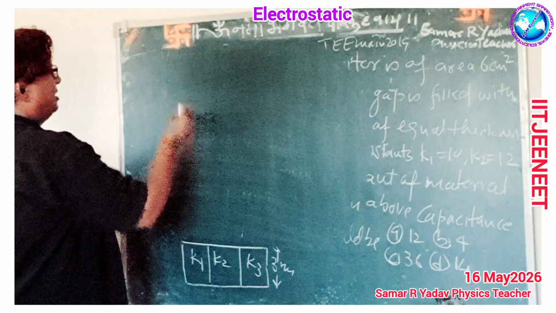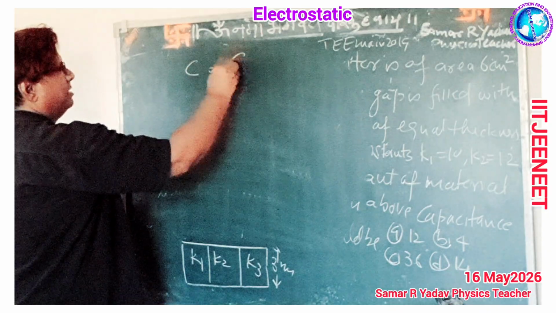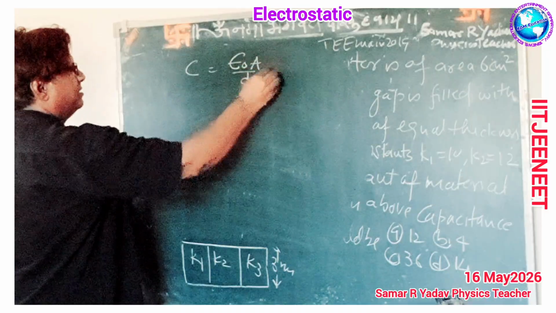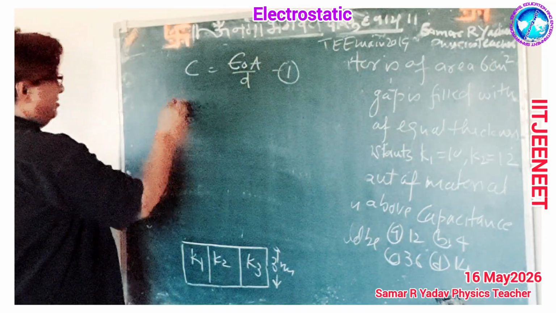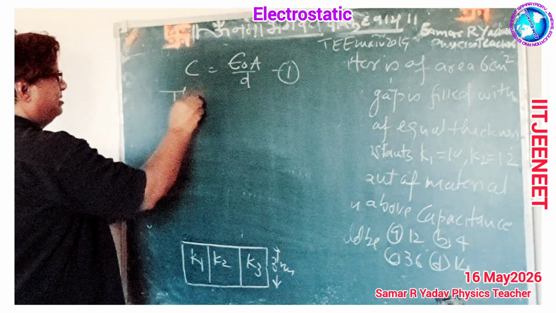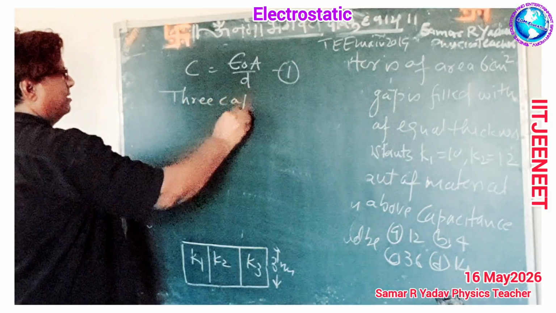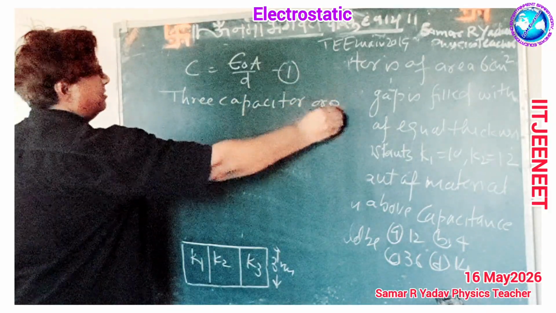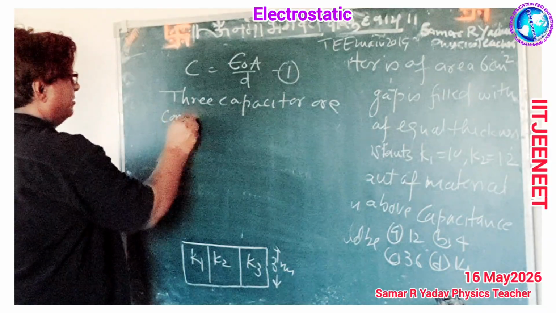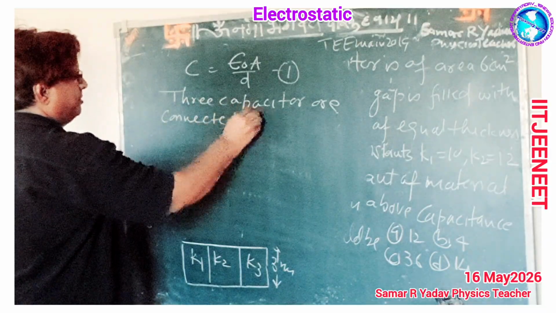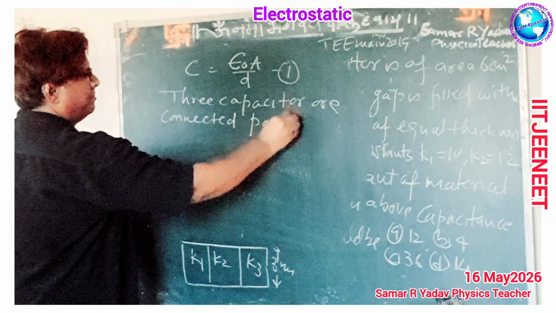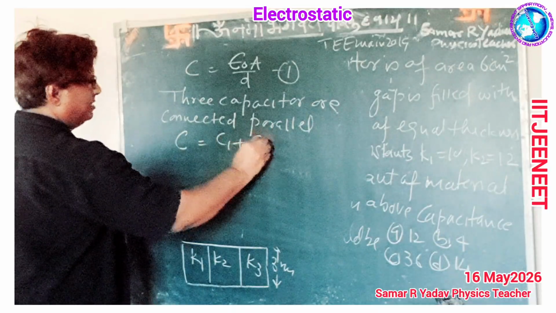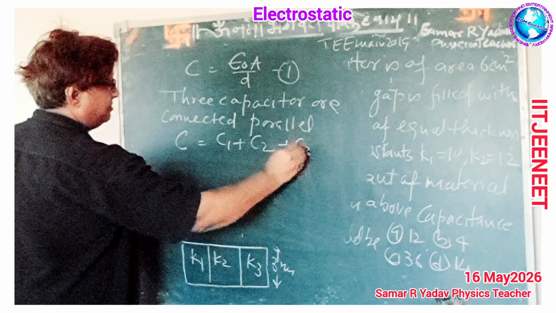Now for a parallel plate capacitor, C is equal to epsilon 0 A upon D. Now here the 3 capacitors are connected in parallel. Therefore C is equal to C1 plus C2 plus C3.